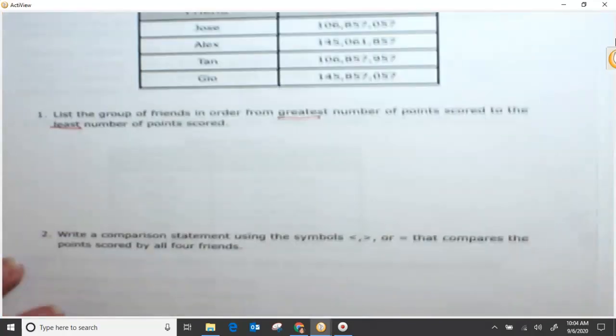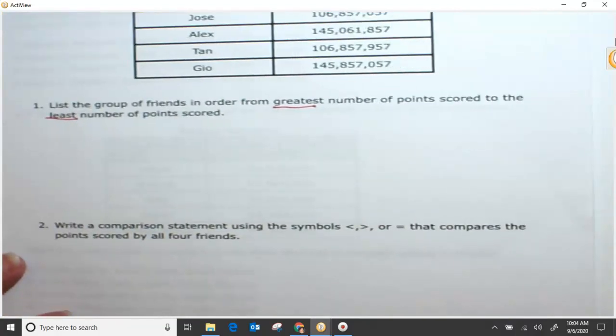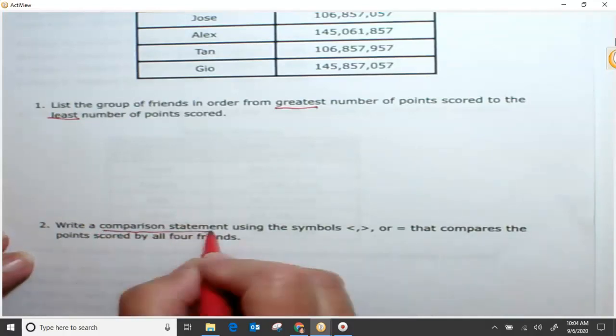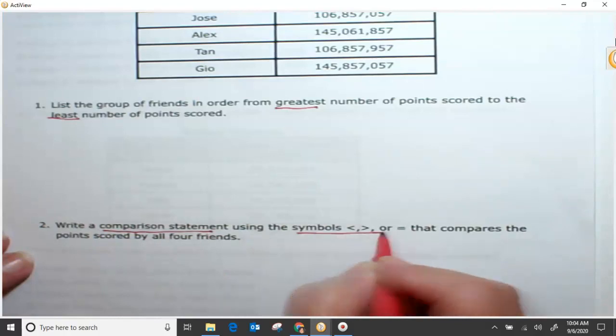Number 2 says write a comparison statement using the symbols less than, greater than, or equal to that compares the points scored by all 4 friends. I think I'm going to go back and show you an example of that. But you're going to be writing a comparison statement using symbols.